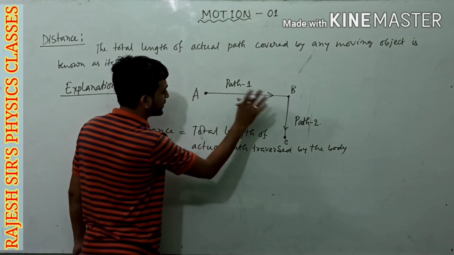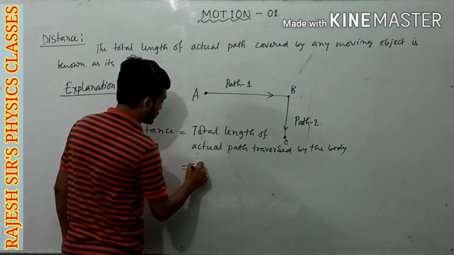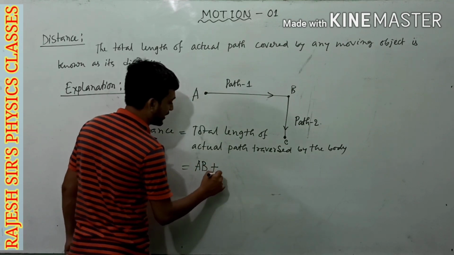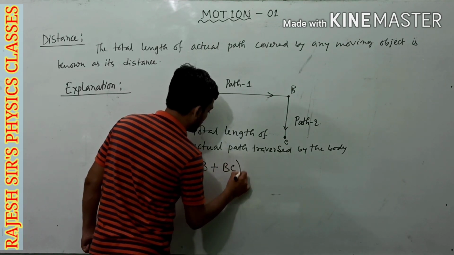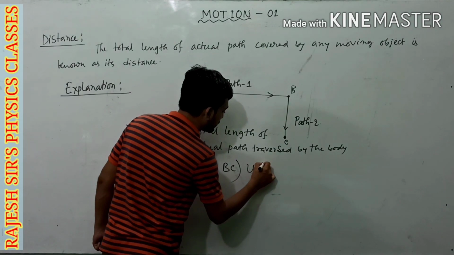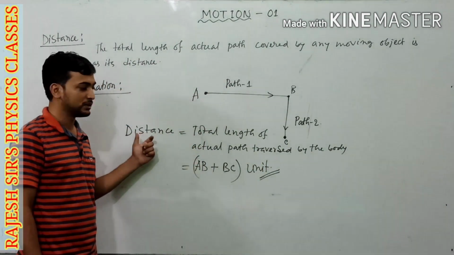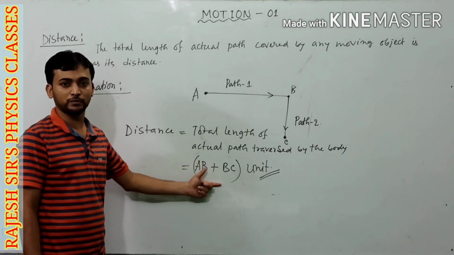Here you can see two paths are present in the complete journey. So the length of the first path will be AB and that of the second path will be BC. So AB plus BC will be the total length of the path. That is the distance of the moving object.